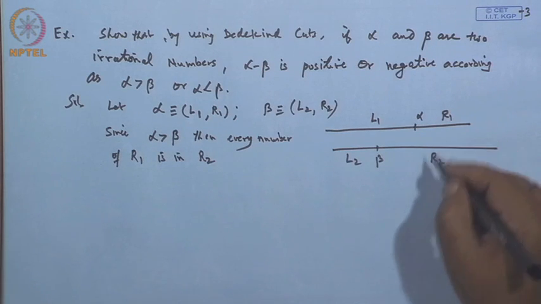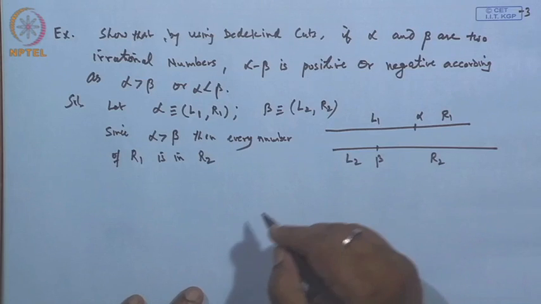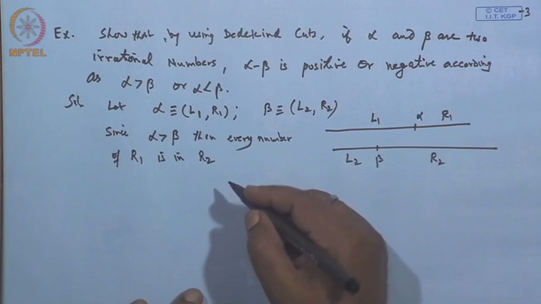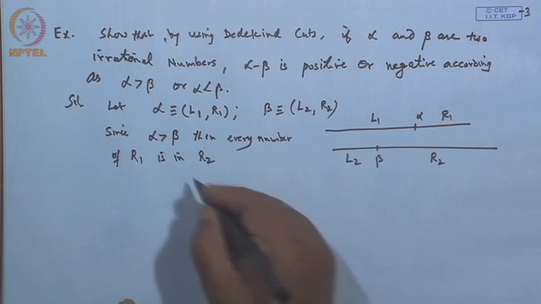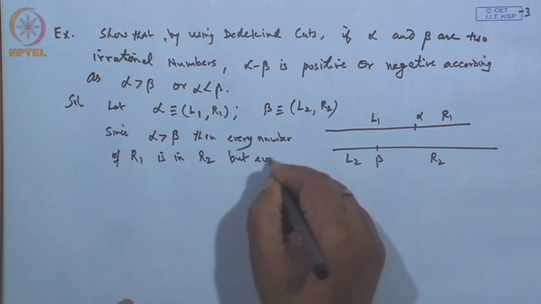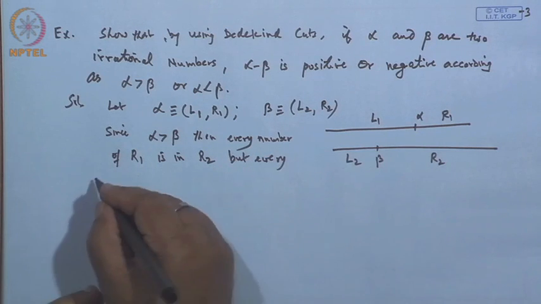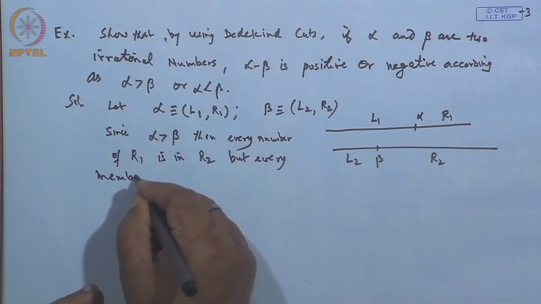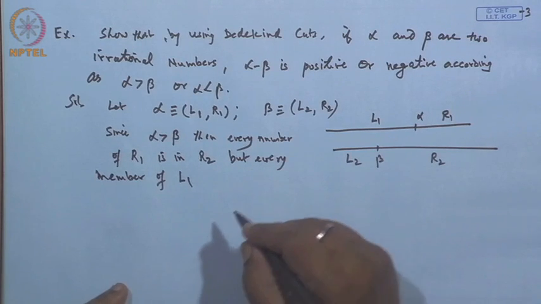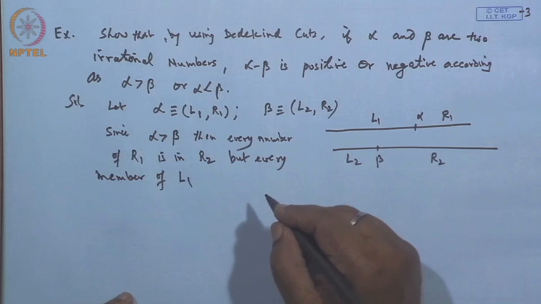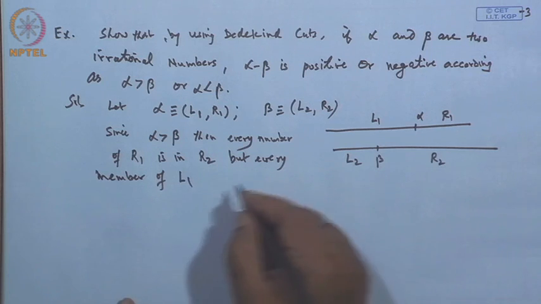All the elements of R 1 will be in R 2, but every member of L 1 does not belong to L 2.